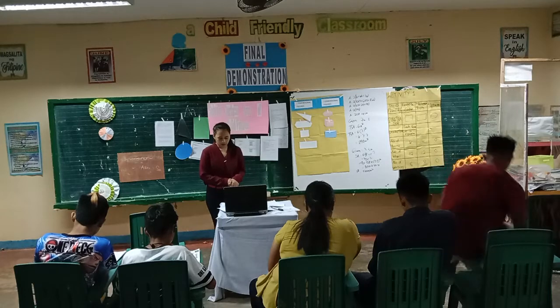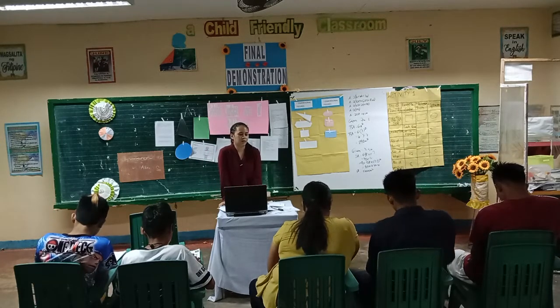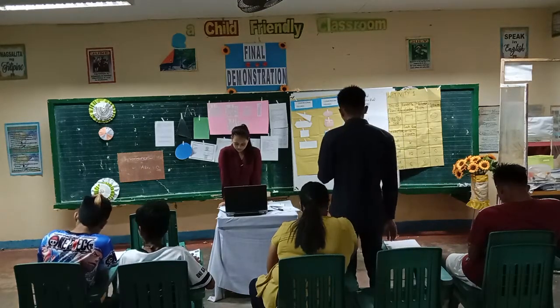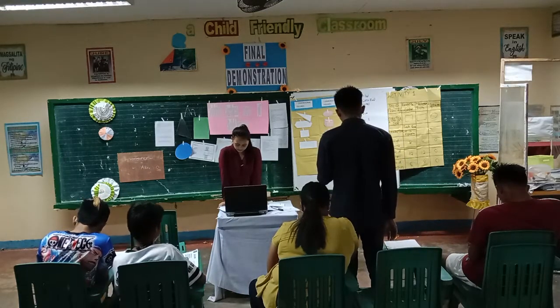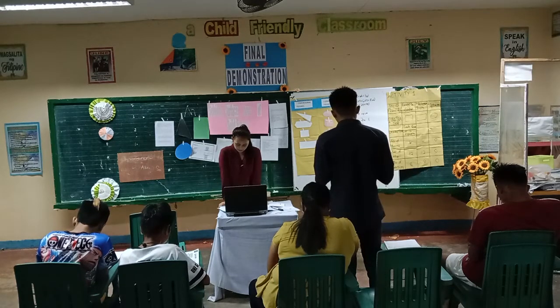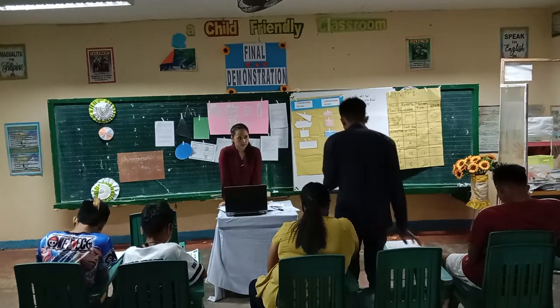Okay, very good. How about the formula in giving the surface area of a cube? Patricio? The formula in getting the surface area of a cube is expressed as 6 multiplied to the square of the length of a side. Surface area equals 6 s squared.